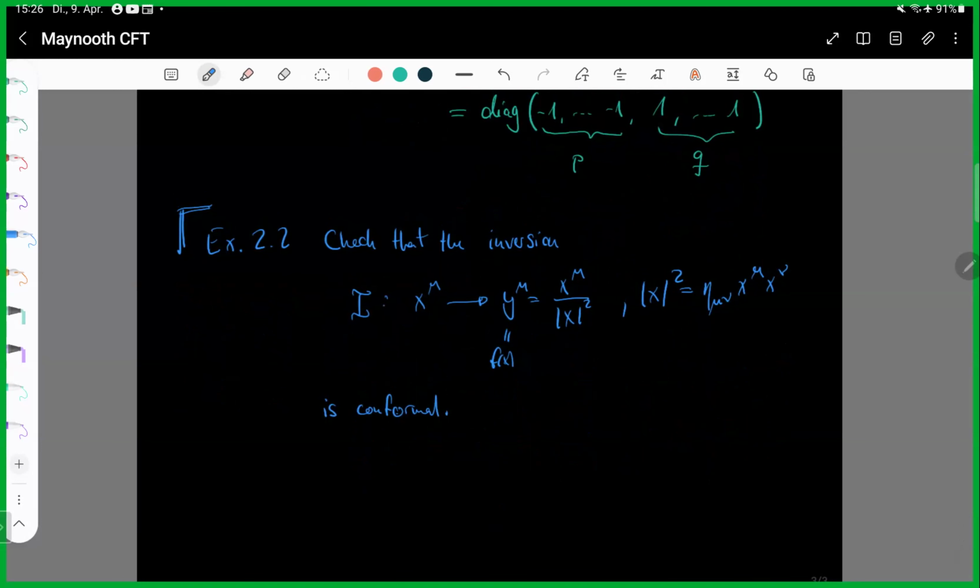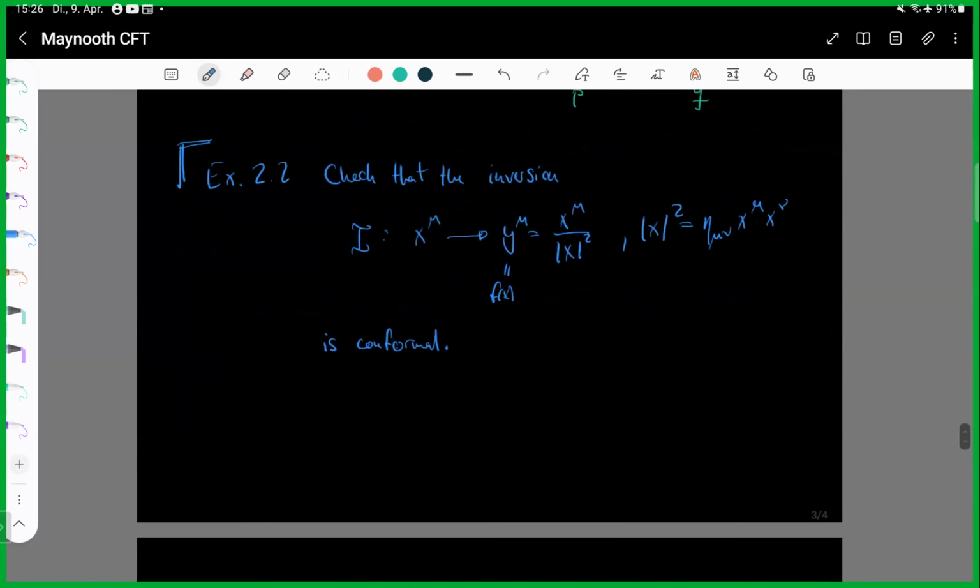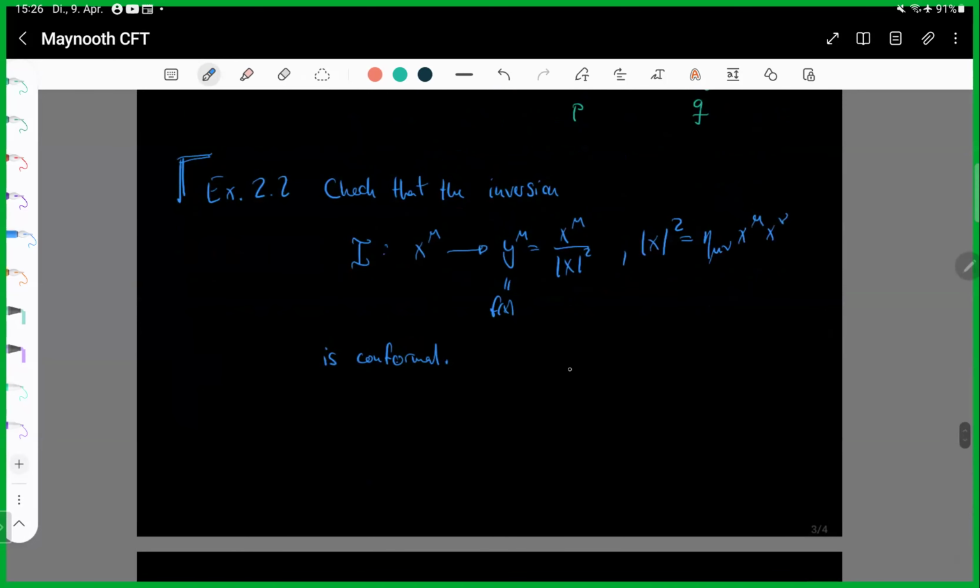Okay, so to give you an idea of what the inversion does, suppose this is your coordinate system in 2 dimensions. Let it be Euclidean for now. And there's a unit circle. Here's 1.